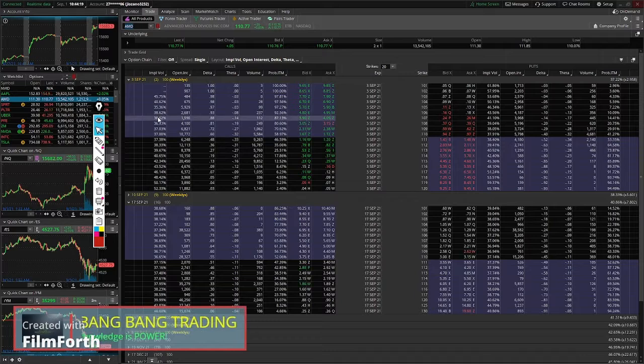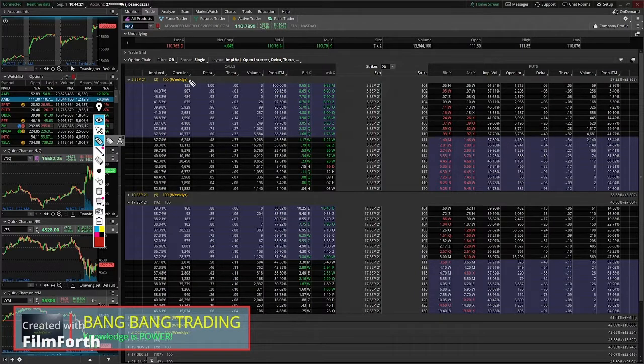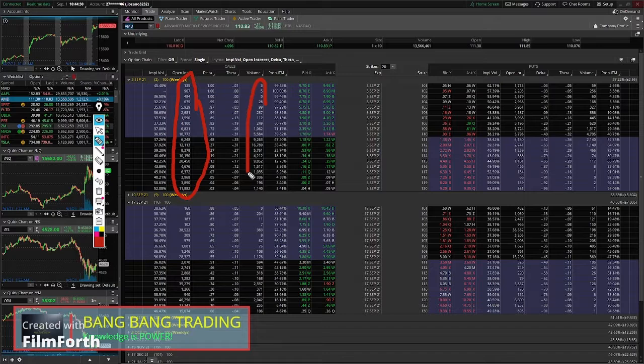Okay, so you want to sell contracts when implied volatility is high, and you want to buy contracts when implied volatility is low. Okay? So open interest, again, is the amount of contracts that are currently open for the day. The volume is how many contracts have changed hands already today. So this here shows you that there is still 12,000 contracts open today.